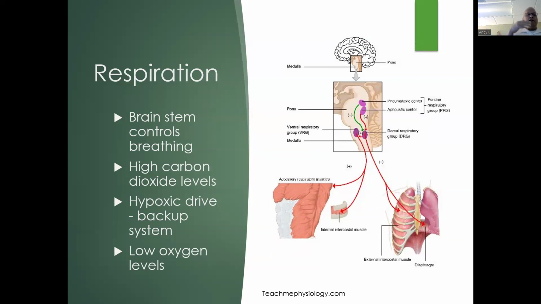And some disease processes like COPD are chronically high in carbon dioxide, so there's a backup system with a hypoxic drive. Hypo meaning low, oxic meaning oxygen. So that actually monitors the levels of low oxygen and stimulates the body to breathe.